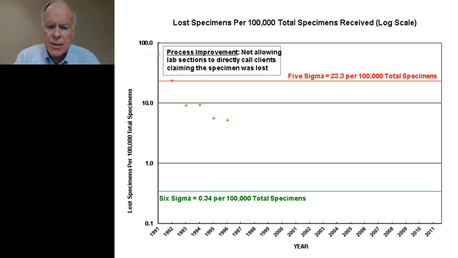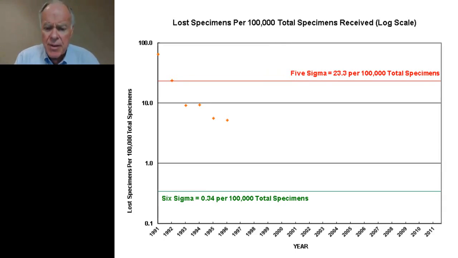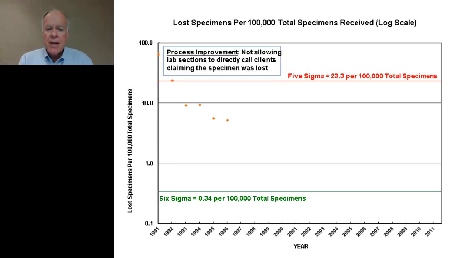And you could see this history, let me go back a slide. You could see this history for the first early years from 1991 through 1997 of an improvement in the rate of lost specimens, because we were tracking it, and because there was a significant process improvement indicated by this slide, which in this case was not allowing our lab sections to directly call the clients to request a replacement specimen because the specimen had been lost.